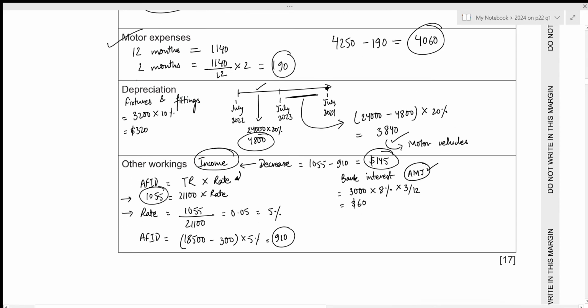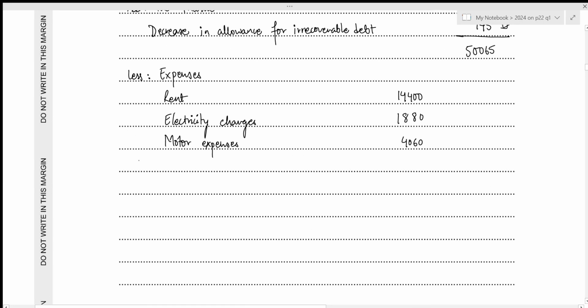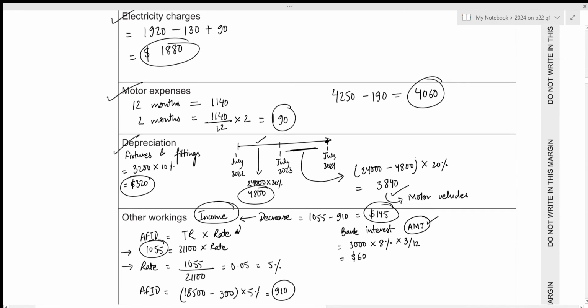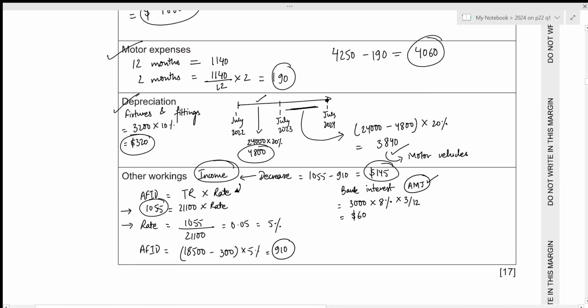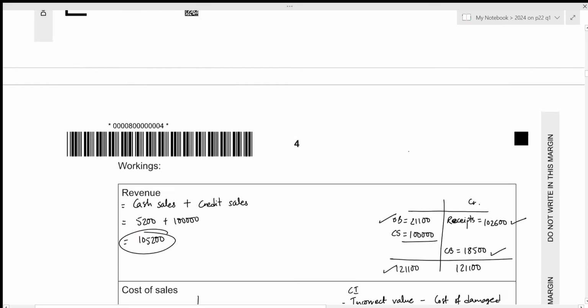Then we've calculated depreciation on fixtures and fittings of 320. Then we've also calculated the depreciation on motor vehicles of 3,840.